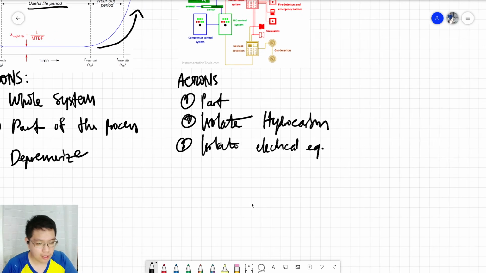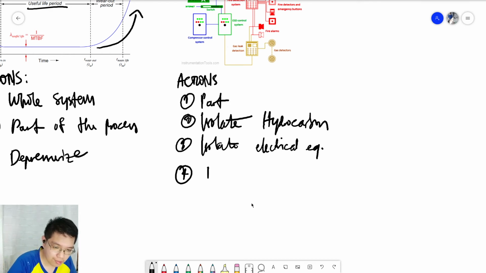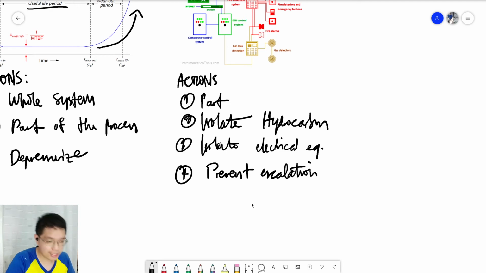because if, for example, it's a fire, then of course you have to isolate those, as they can be either the cause of the fire, or the fire can be worsened by these components. And then of course, because we are minimizing the consequences, an emergency shutdown also prevents the escalation of an event.